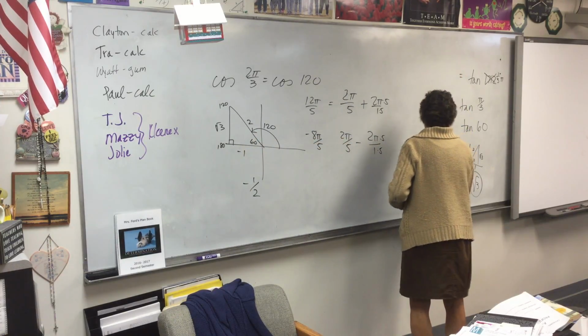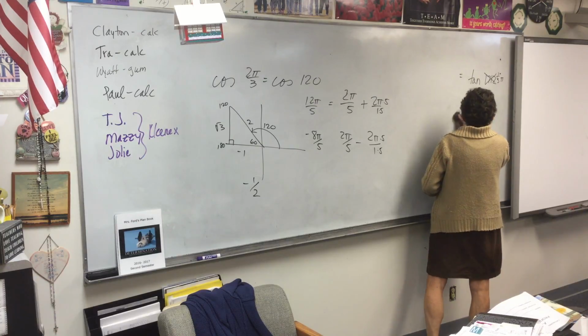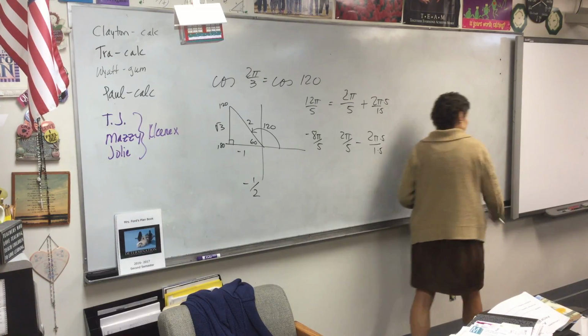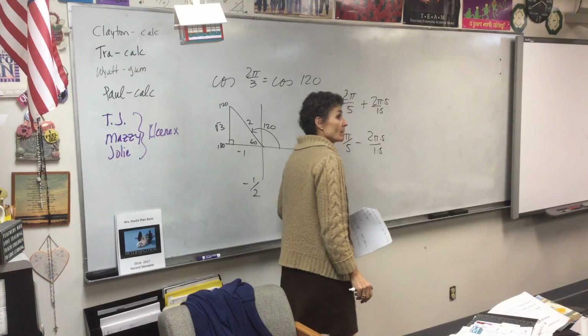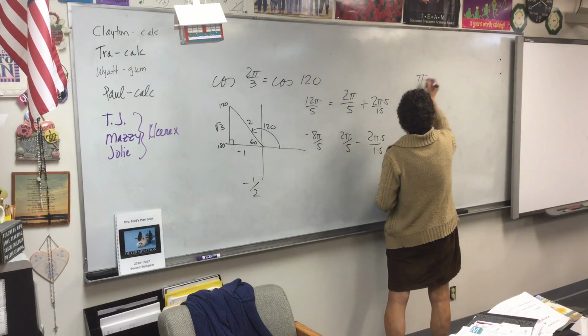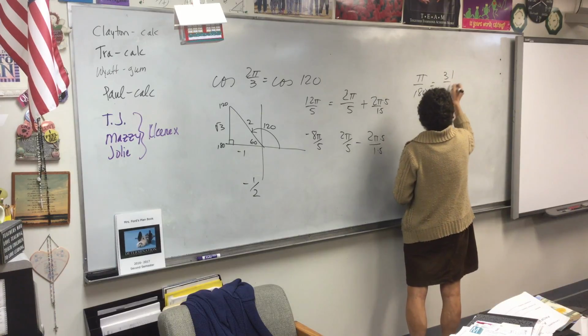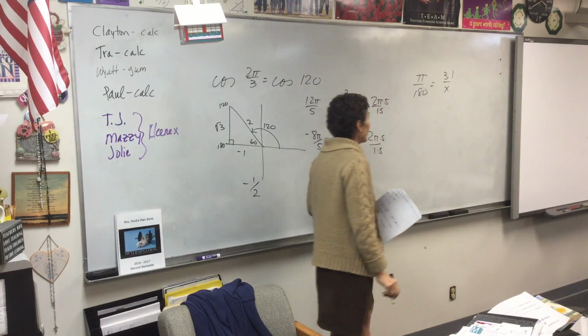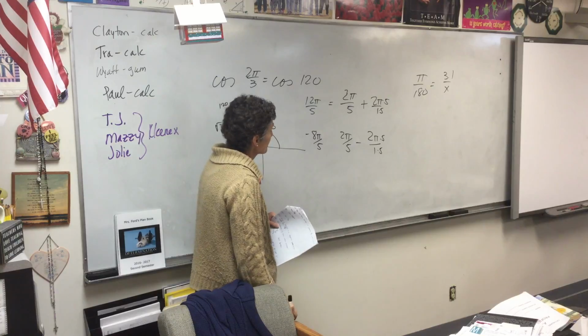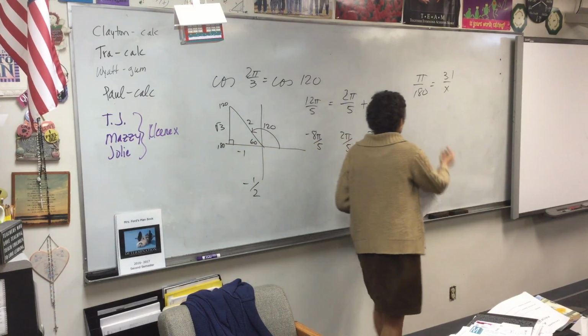3.1 radians is how many degrees? So pi over 180 equals 3.1 over x. Very, very good. Pi radians, 180 degrees. 3.1 radians, x degrees.